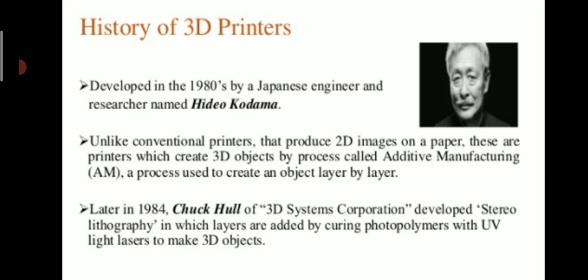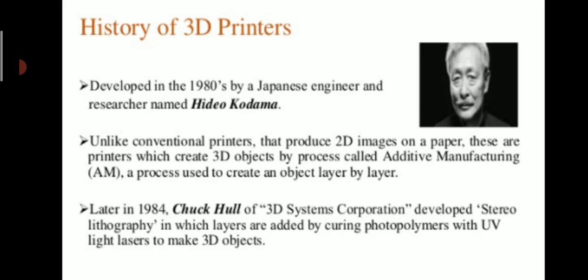Unlike conventional printers that produce 2D images on paper, these printers create 3D objects by a process called additive manufacturing (AM), a process used to create an object layer by layer.